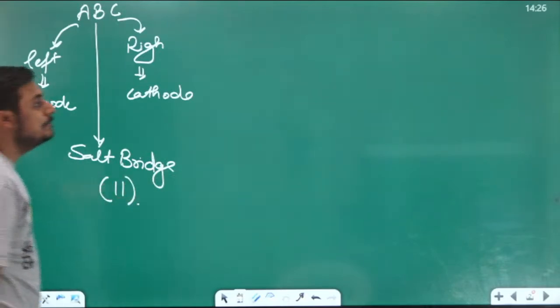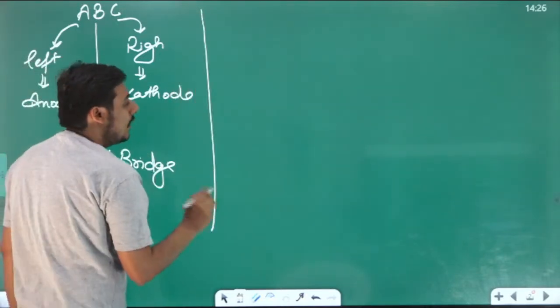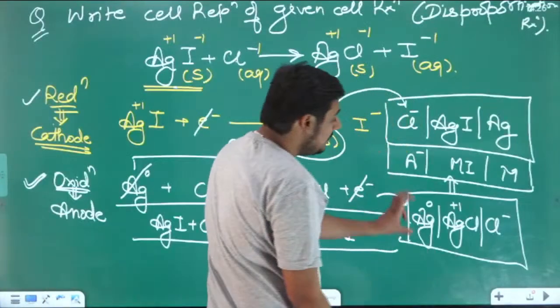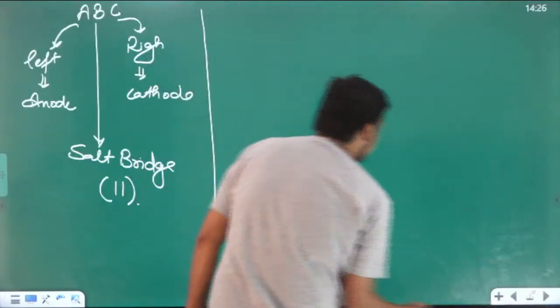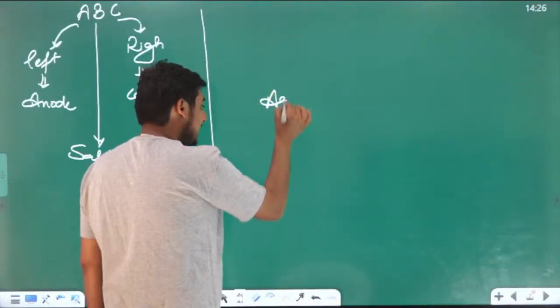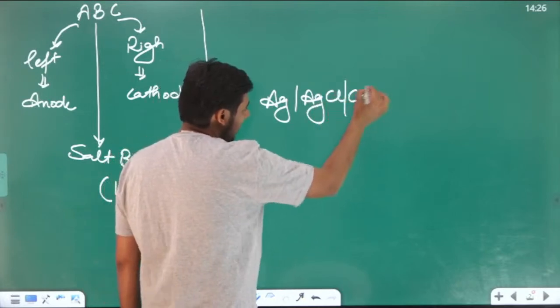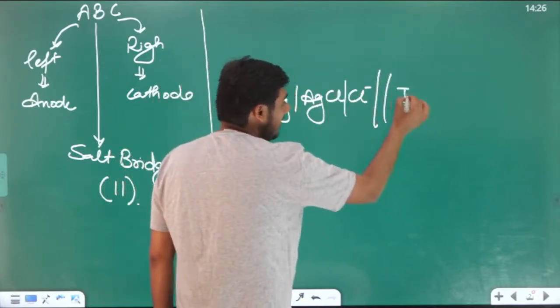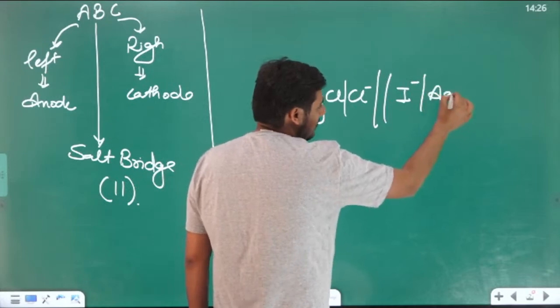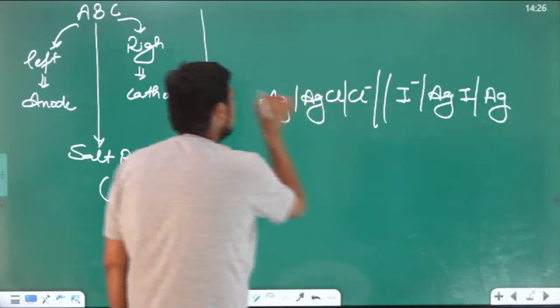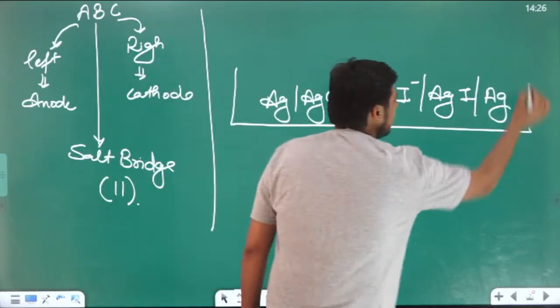By using this rule I can easily represent this cell now. We know the representation of anode: Ag is getting converted into AgCl by liberation of Cl negative, and AgI is getting converted into Ag by liberation of I negative. So this will be my cell representation.